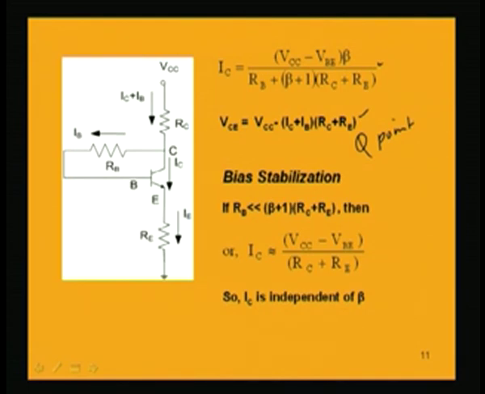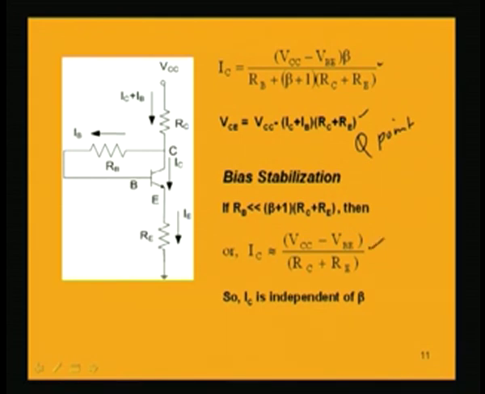So, we know what the Q point is, which is defined by IC and VCE. Now, what about the bias stabilization in this circuit? If RB is very small as compared to (beta plus 1) into (RC plus RE), then we can write approximately IC equal to (VCC minus VBE) into beta divided by (beta plus 1)(RC plus RE). We can cancel out beta and beta plus 1, and the final expression will be IC approximately equal to (VCC minus VBE) by (RC plus RE).